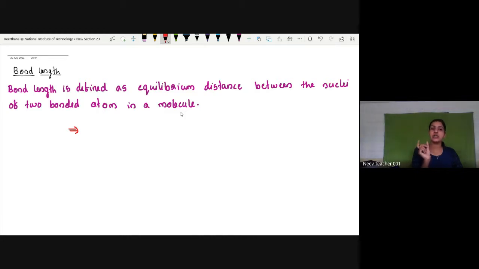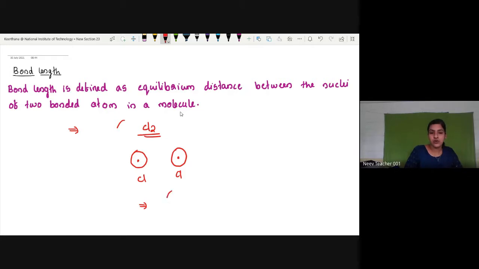In covalent compounds, let's consider a Cl2 molecule. So a Cl atom is there, and another Cl atom is there, and they are forming a bond, so the nucleus, and this is the valence shell. As we know, overlapping occurs in molecules when they are forming a bond.